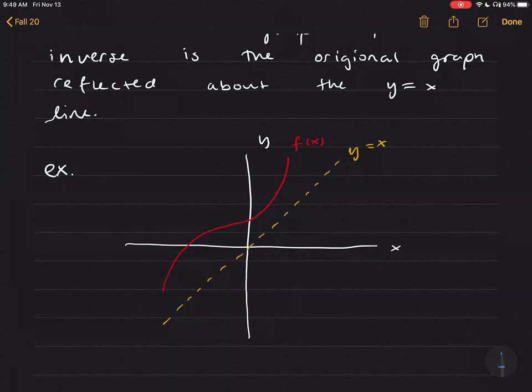So it's like looking at its reflection in a mirror. And so it would probably start out here, and it would go in and back out, and kind of back in again a little bit. There we go. And so this would be f inverse of x. So you can kind of see how they're symmetric about this dotted yellow line, right? So that's how we find inverses graphically.